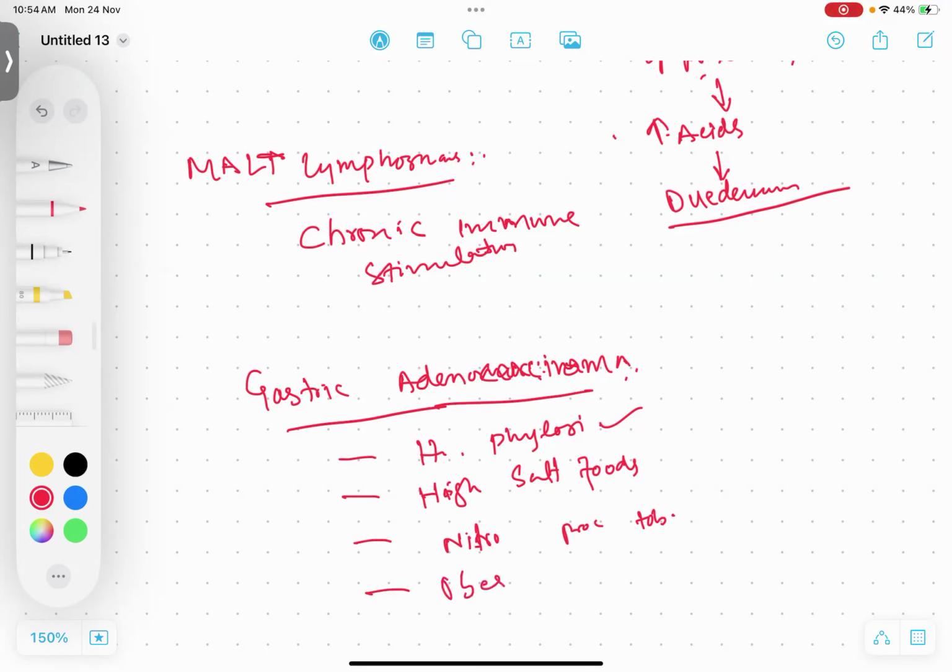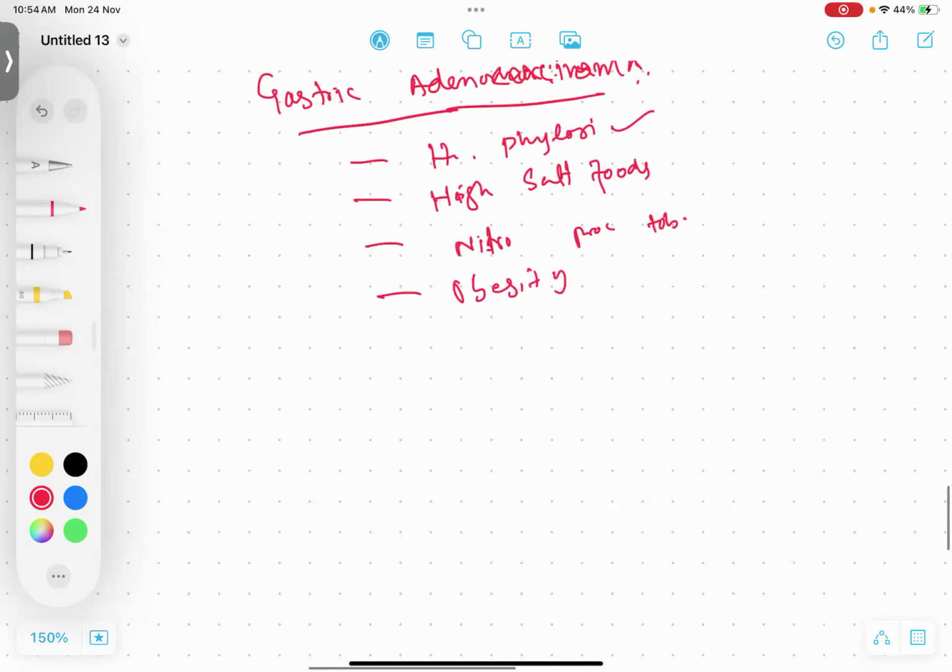Obesity is also an important cause of gastric carcinoma. So what will be the clinical features? Early satiety. Yeah, there will be early satiety. Perfect.